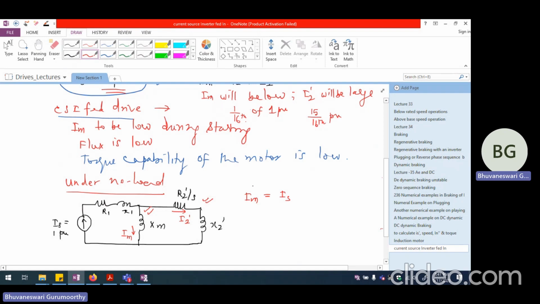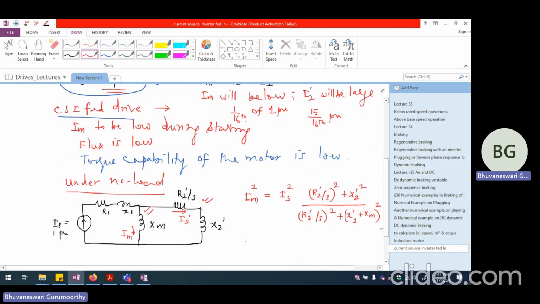Im square equal to Is square multiplied by the other impedance, which is R2 dash divided by S the whole square plus X2 dash square, divided by the total impedance of the two parallel paths, that is R2 dash by S the whole square plus X2 dash plus Xm the whole square. This is the current we get in terms of the current division rule.